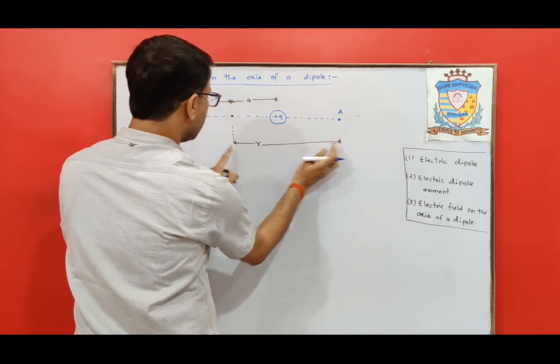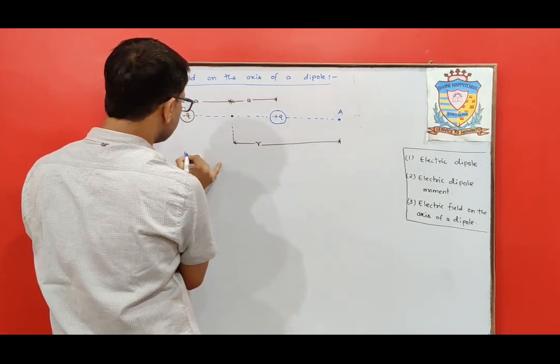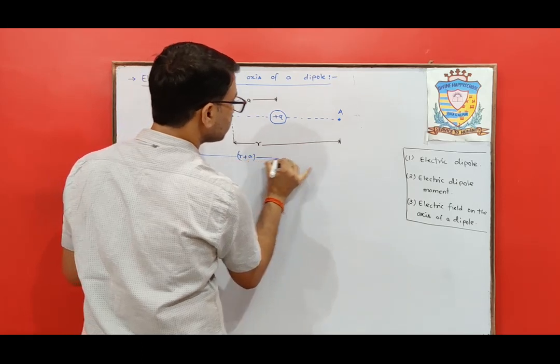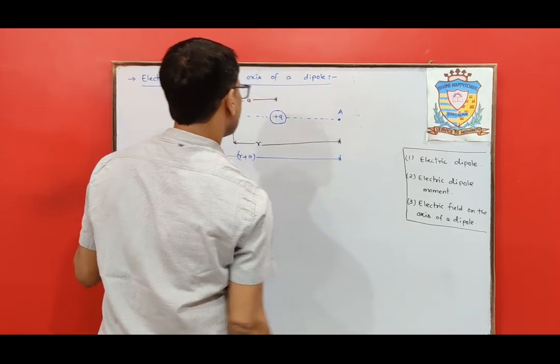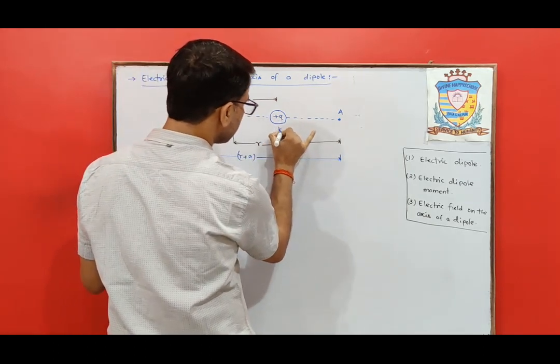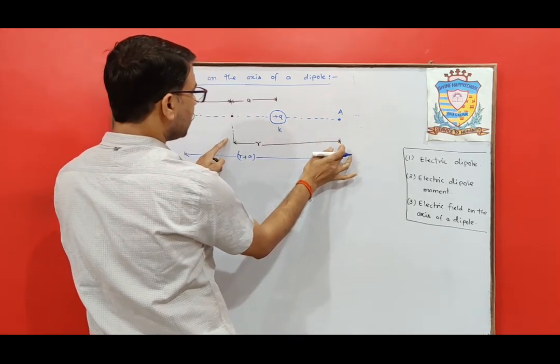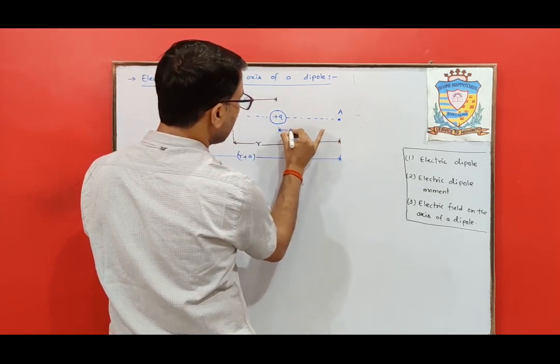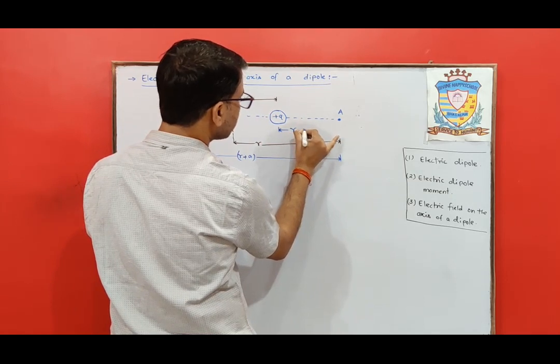If this is r and this distance is a, the total distance will be r plus a. And from the positive charge, the total distance is r and this distance is a, so this distance will be r minus a.